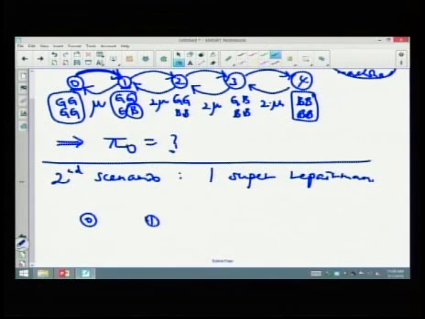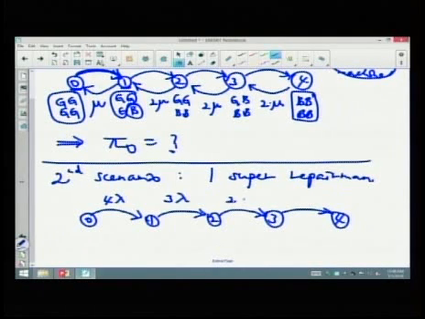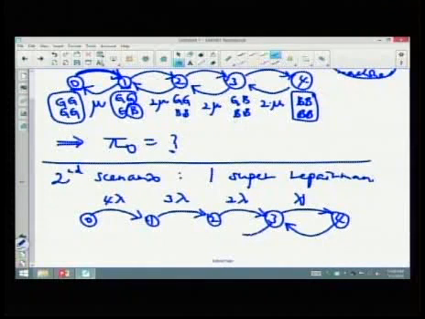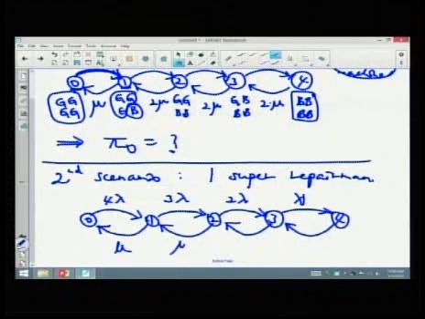States 0, 1, 2, 3, 4. And there are arrival rates, right? Which are 4 lambda, 3 lambda, 2 lambda, 1 lambda, right? This time, what is the service rate? That's going to be mu all the time.